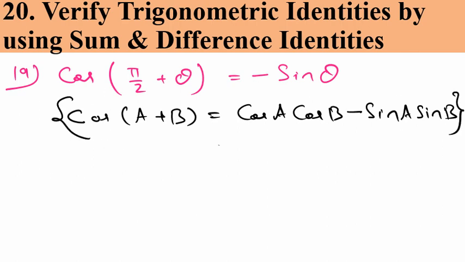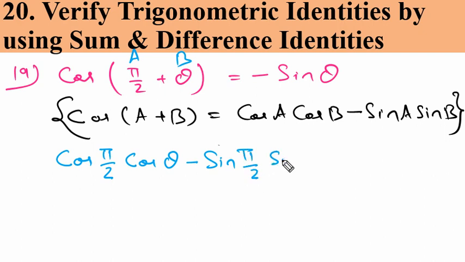So let's apply the formula now. This will give you cos pi over 2. Why? Because A is pi over 2 and B is theta. So cos pi over 2 cos theta minus sine pi over 2 sine theta, right? I just substitute A value here, B value here.